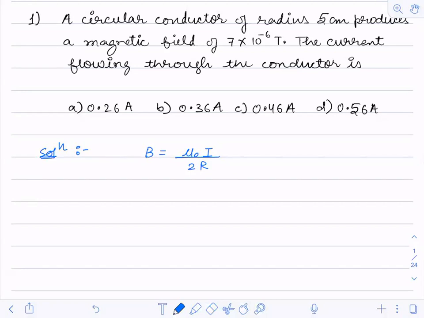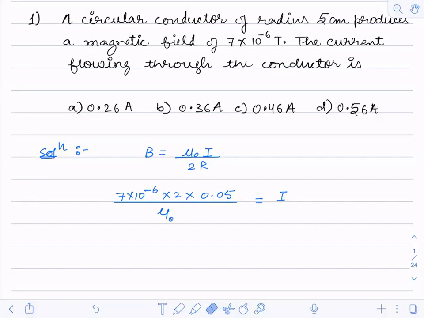Now, what is the current value? B value they have given me is 7 into 10 power minus 6. So 7 into 10 power minus 6 into 2, into the radius, 5 centimeters, which I will write as 0.05, divided by mu naught. And this is the current value.